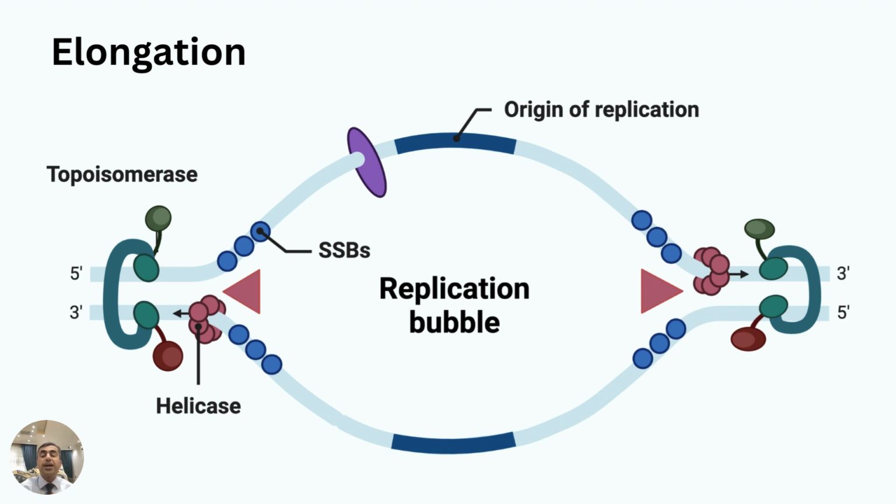The second important function is that it protects the separated strands from nuclease enzymes. As we know, within the nucleus there are multiple types of nuclease enzymes that break down foreign DNA. So how are our separated strands protected from these? By the help of SSB protein.